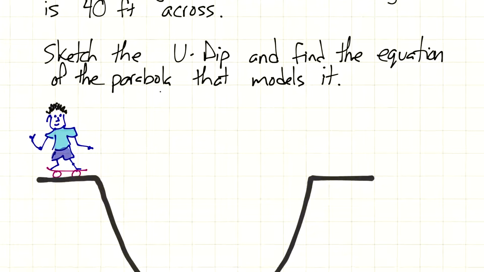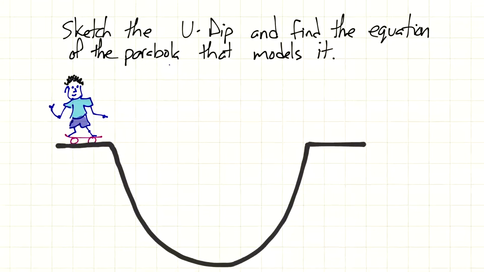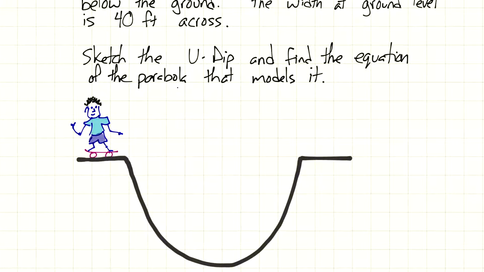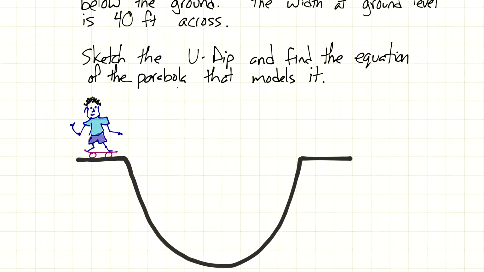All right, so here is my drawing of the U-dip. This is the name of, I guess, the portion of the skateboard park where it actually goes underground, right? Probably similar to maybe like a swimming pool, something like that.